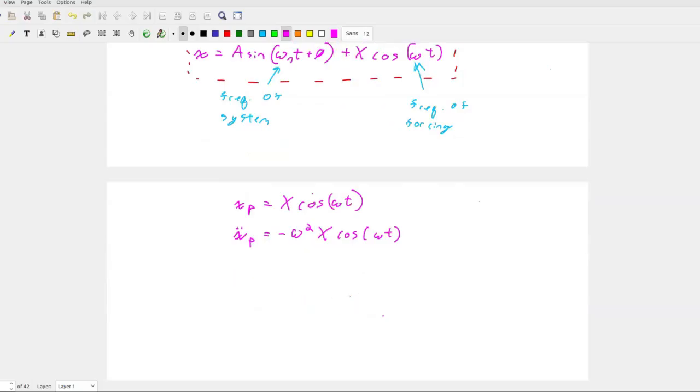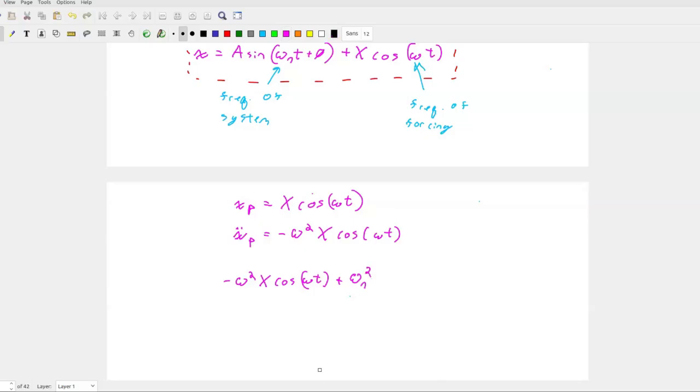So if I substitute this back into my standard form of the equation that I had before, I'm going to get negative omega squared X cosine of omega t plus omega n squared.